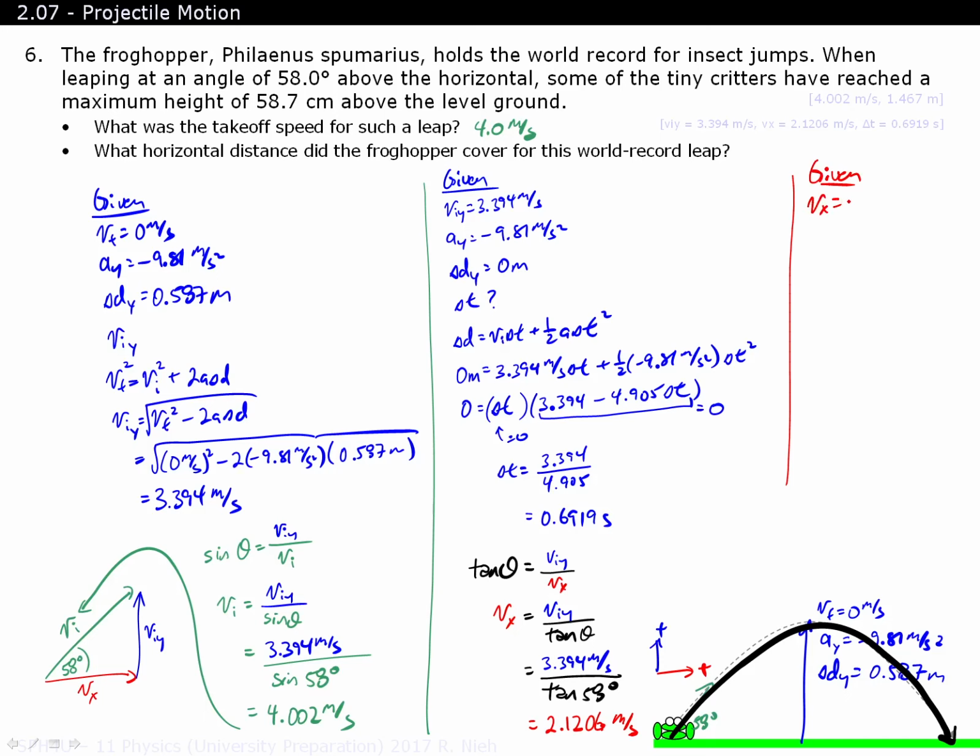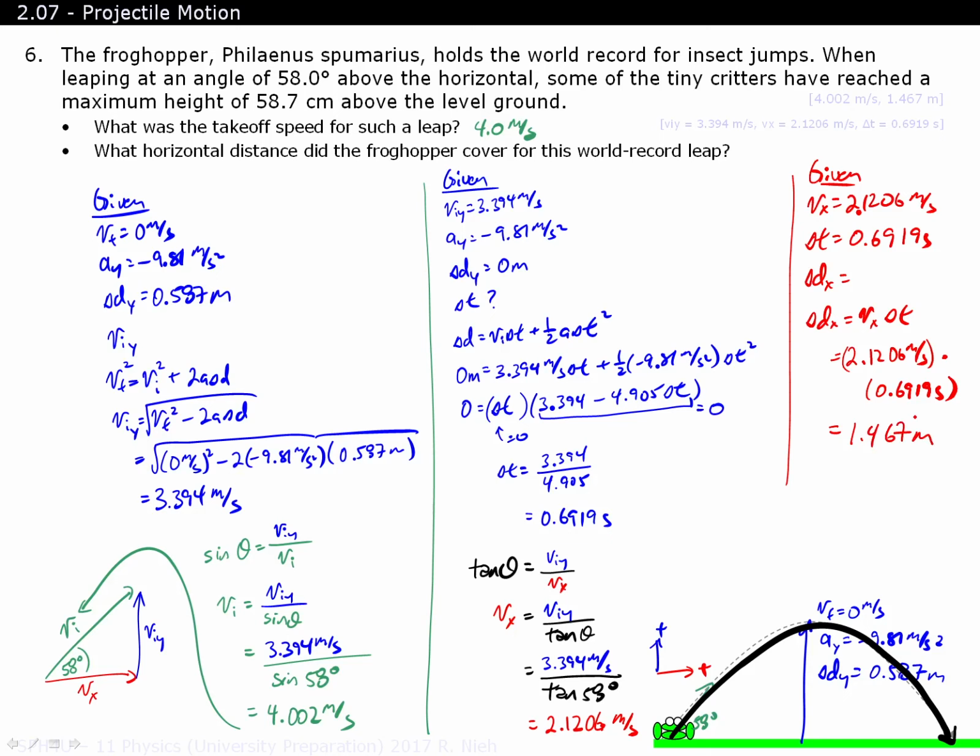So Vx is equal to 2.1206 meters per second. The time it takes for it to travel across is 0.6919 seconds. So our horizontal displacement is therefore equal to Vx delta t. 2.12 multiplied by, I ran out of space, multiplied by 0.6919 seconds will give us an answer of 1.467 meters.